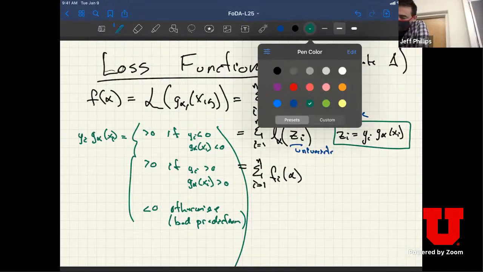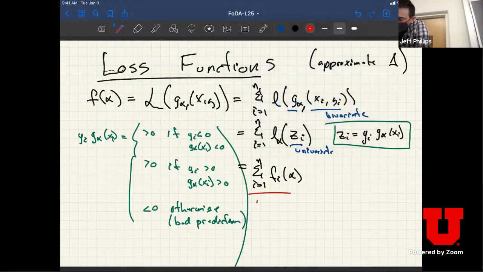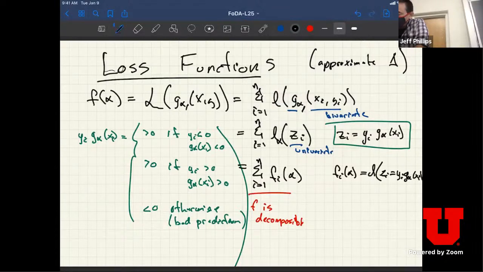This allows me to say f is decomposable, right? Because then I'll be able to apply stochastic gradient descent, which is nice. For this, f_i(alpha) is just going to be equal to the loss function of z_i equals y_i g_alpha(x_i).